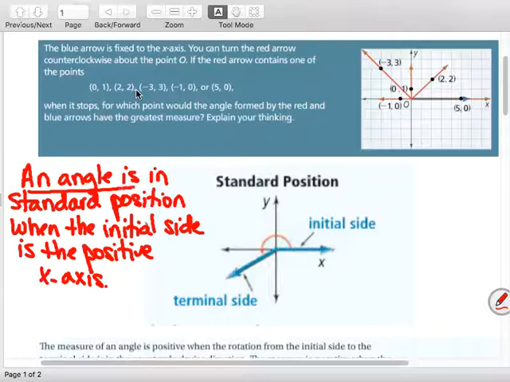Okay, so we're going to start off with a definition. An angle is in standard position when the initial side is the positive x-axis.